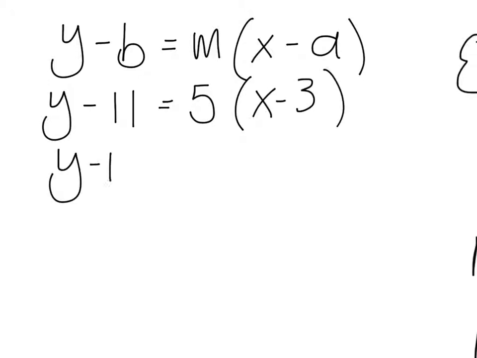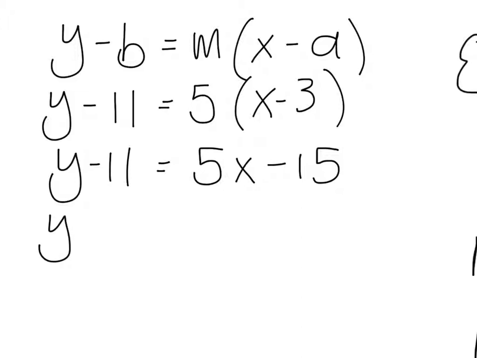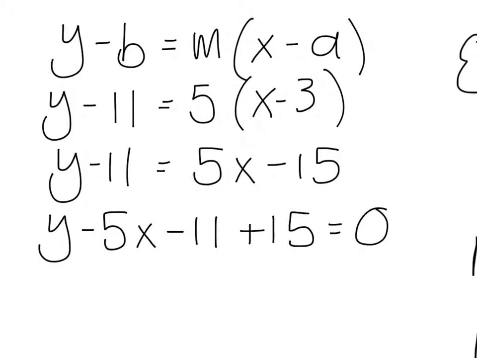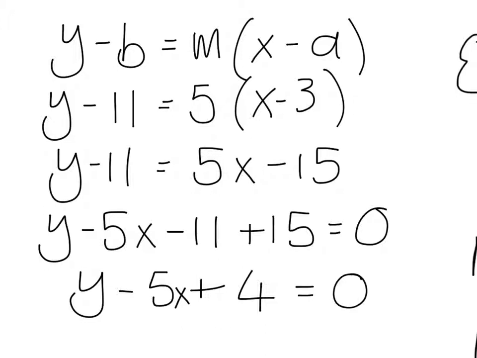That gives us y minus 11 equals 5x minus 15. Collecting that all to the one side would be y minus 5x minus 11 plus 15 equals 0, which means y minus 5x plus 4 equals 0. This is the equation of the median and the end of the question.